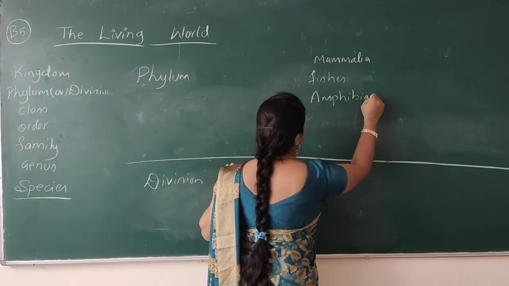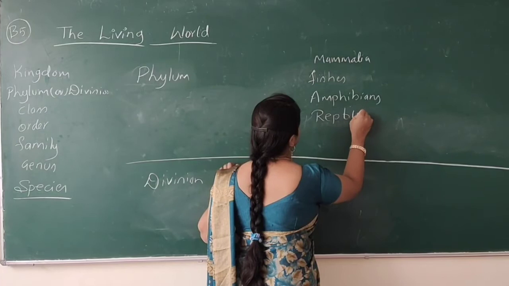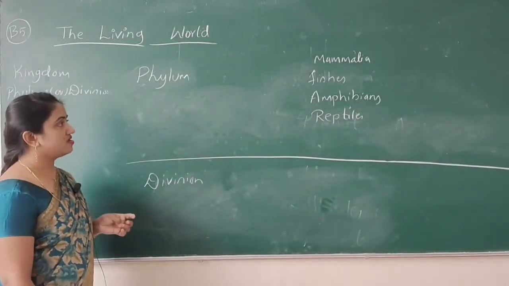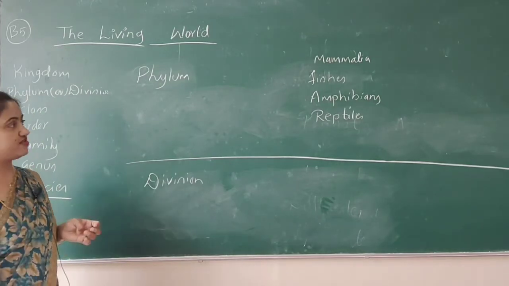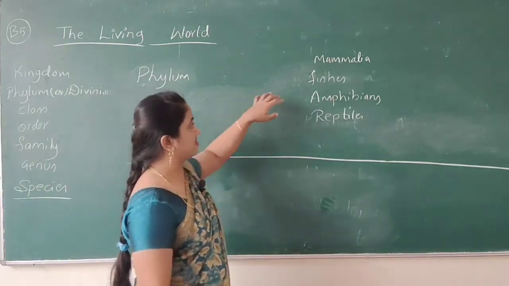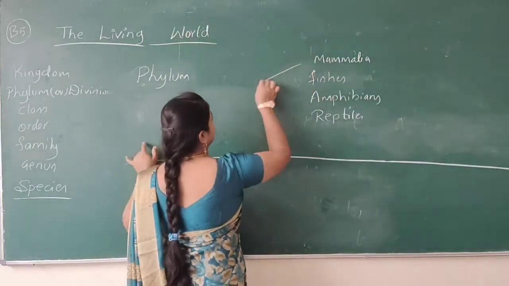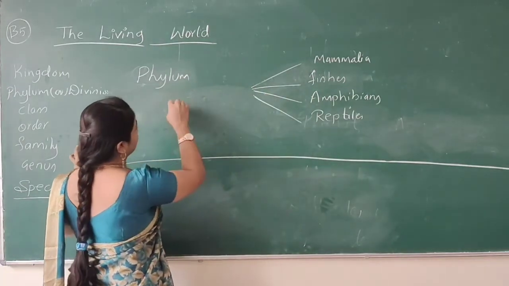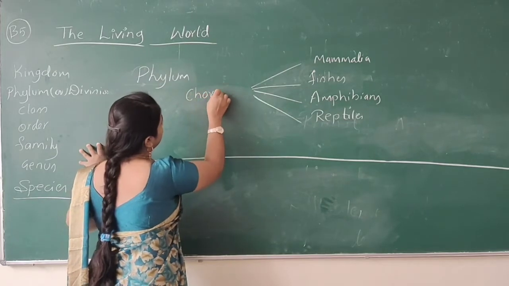Amphibians, reptiles. Alright, all these are the different classes we have in the systematic position. All these classes will have the same phylum known as Chordata.